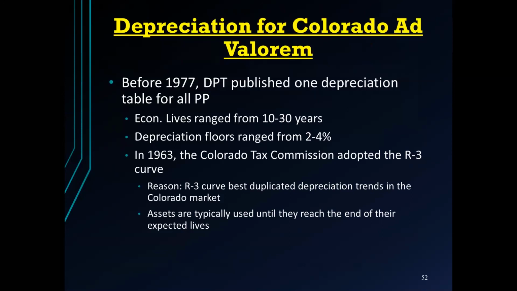Most assets hit their average life and are actually in use beyond their average life. And typically, assets are used till the end of their expected life. So most property that's acquired and used in a business is going to be used until its useful life is exhausted, and then it'll be disposed of. And that fits an R3 curve methodology.